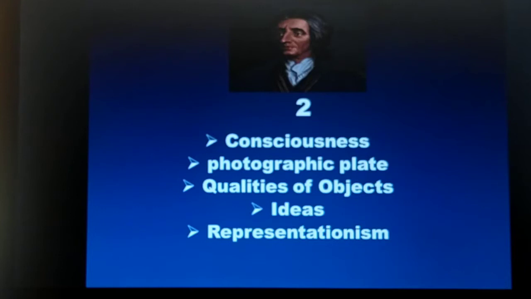Then, when we study the scientific theory of realism, we find the qualities of the objects. Now, we have already known that the objects have their own qualities. These qualities are the ideas of the mind.